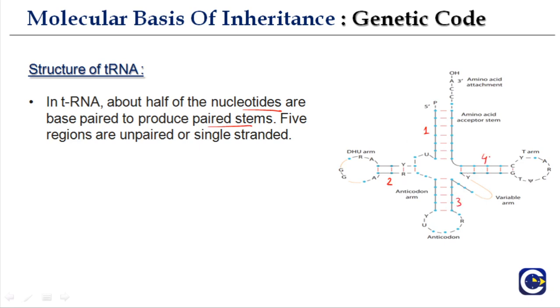So these are all paired structures. And 5 regions are unpaired or single stranded. You see this is unpaired, this is unpaired, this is unpaired. Here also it is kind of unpaired, and this is the single stranded region. So this is the clover leaf structure of tRNA.